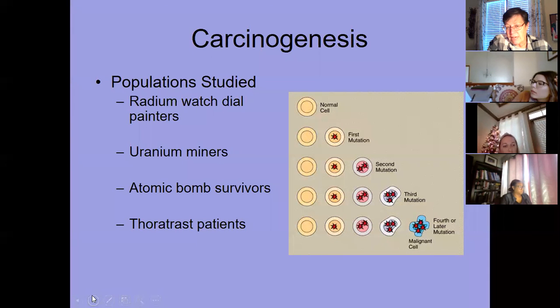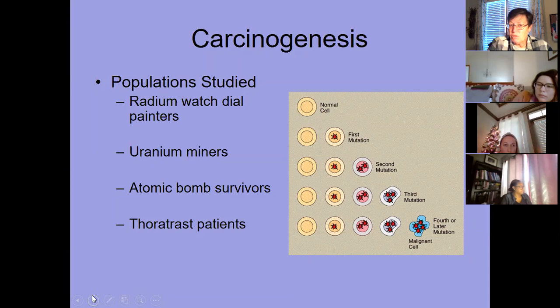The atomic bomb survivors, who were exposed to high levels of external radiation from nuclear attack, ended up with all kinds of solid tumors and leukemias. And then the Thorotrast patients. Thorotrast was a contrast agent that actually had thorium in it, and thorium's radioactive. And so those patients ended up with liver cancers predominantly. So there have been a lot of populations that can make that link between radiation exposure and cancer.